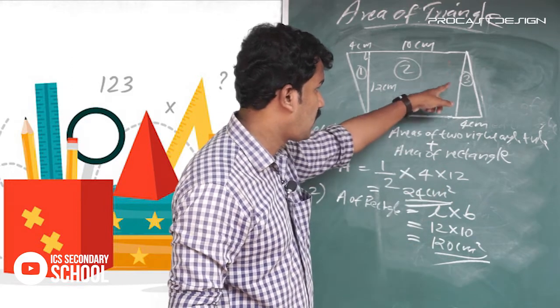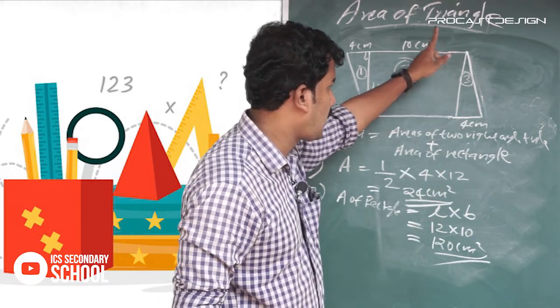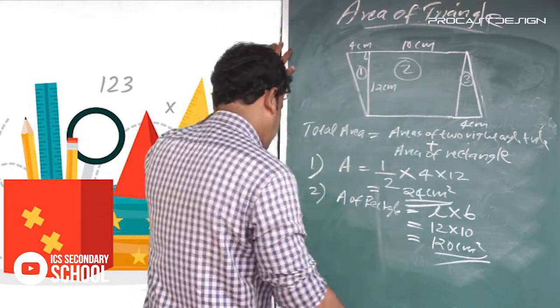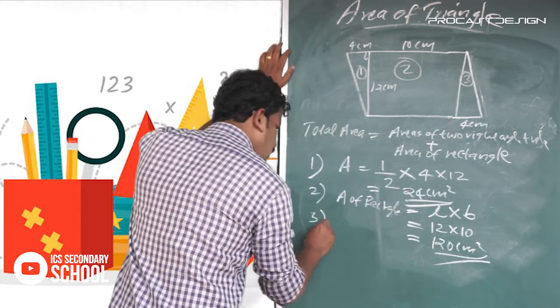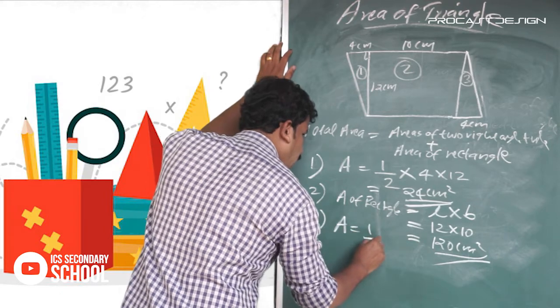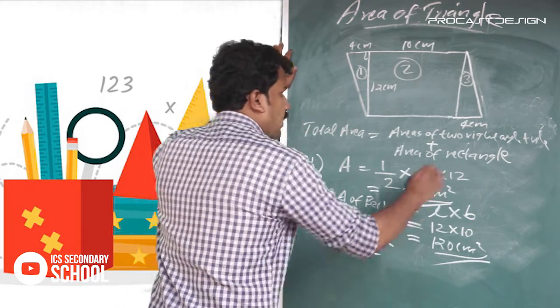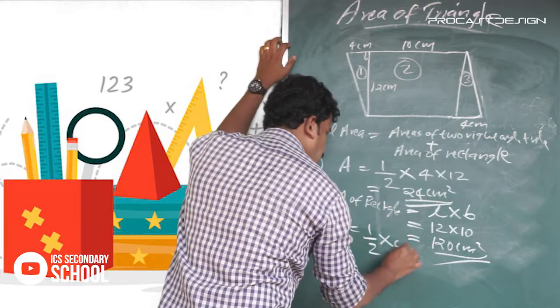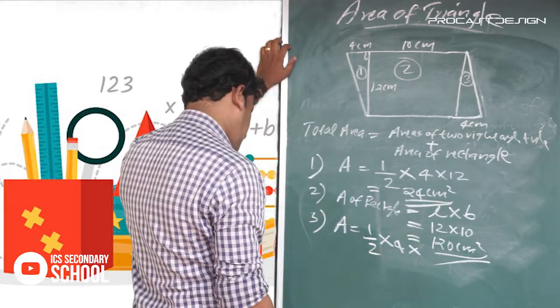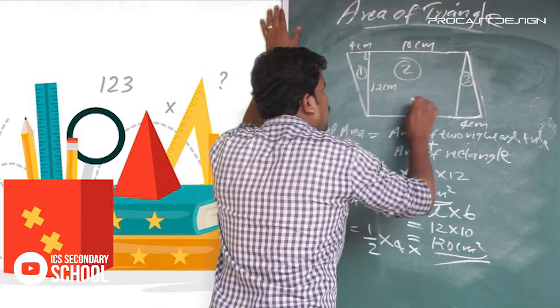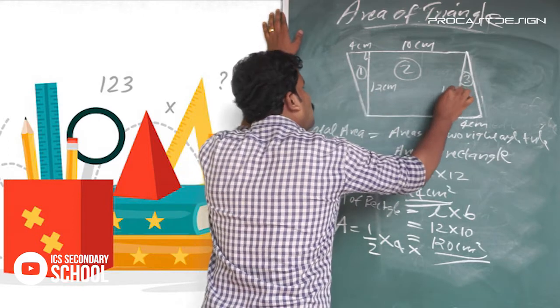Then third, we calculate another right angle triangle. Third area of right angle triangle is half into the product of the perpendicular sides, that is this base side 4 centimeter, then this perpendicular side here 12 centimeter, here also 12 centimeter.